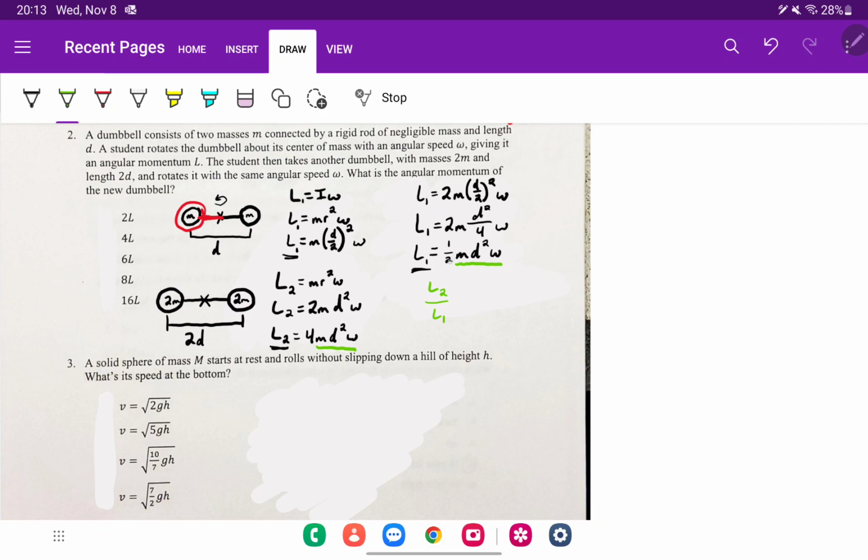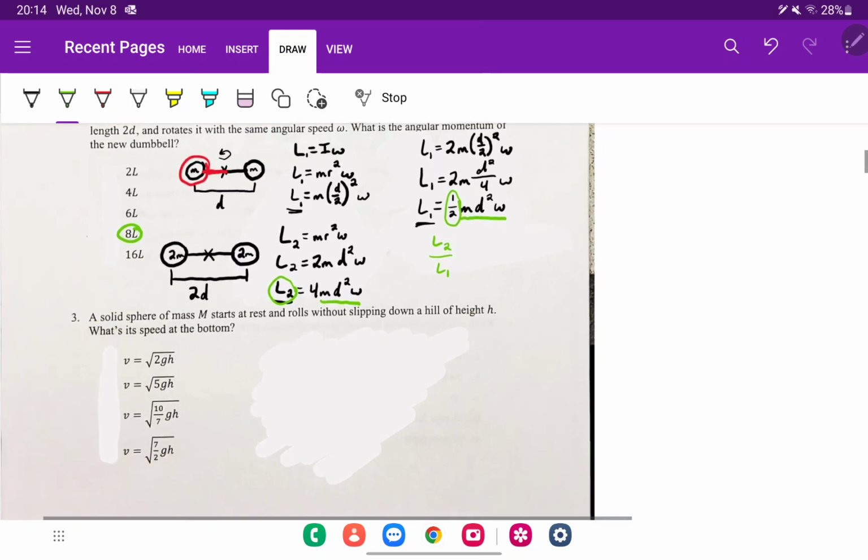So if you can just look at L2 and be like, oh, this is 4md squared omega and L1 is 1/2, what would I have to multiply 1/2 by to get 4? And so the answer would be 8L. Again, you can find this by just doing L2 over L1 or 4 divided by 1/2, which would also give you 8. And that's the answer for this question.